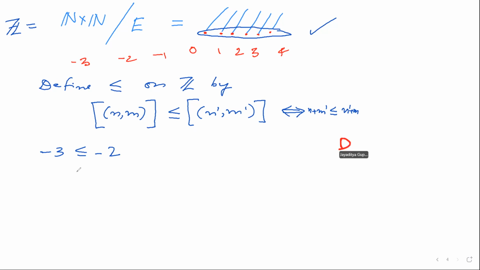Now, can you give me a representative from the equivalence class representing minus 3? Remember, these are the numbers: 0, 1, 2, minus 1, minus 2, minus 3. Can you give me a member of that equivalence class of minus 3?